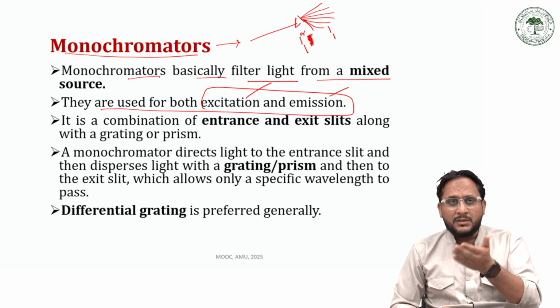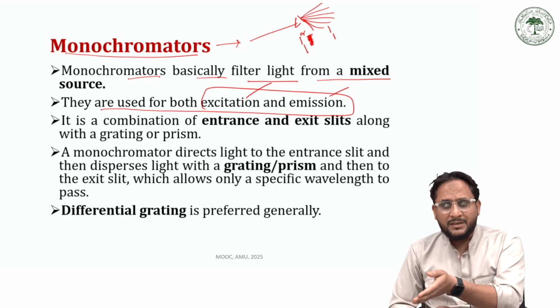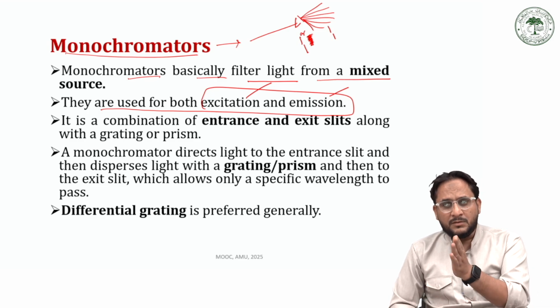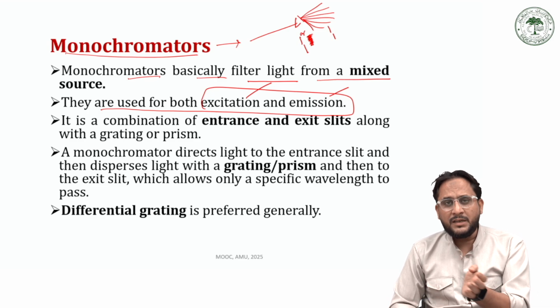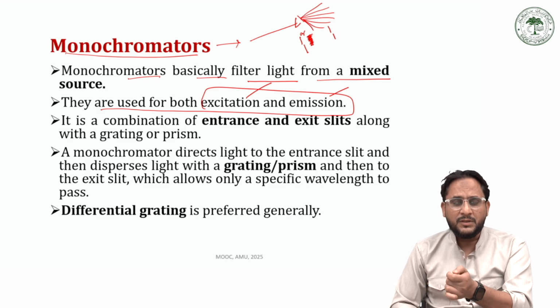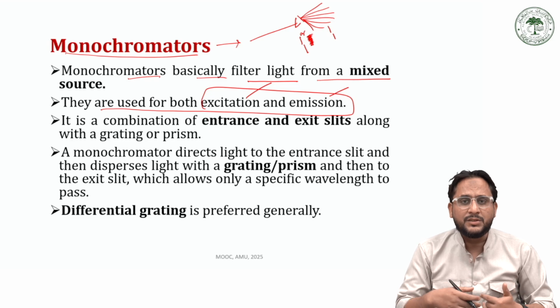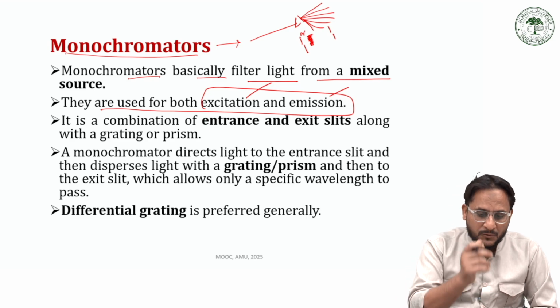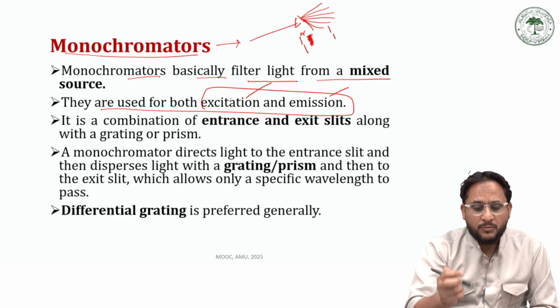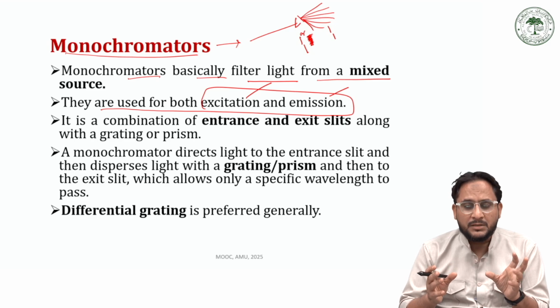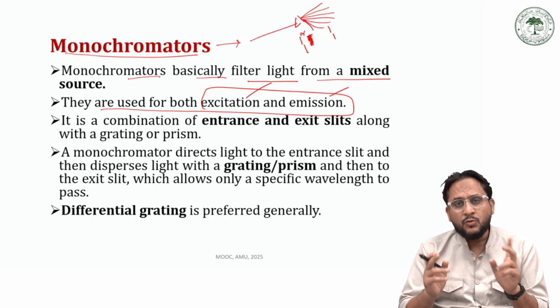When those electrons return back, they create light emission. The wavelength at which light emission takes place is called the emission wavelength, while in the first case, when absorption of light causes excitation, it is called the excitation wavelength.